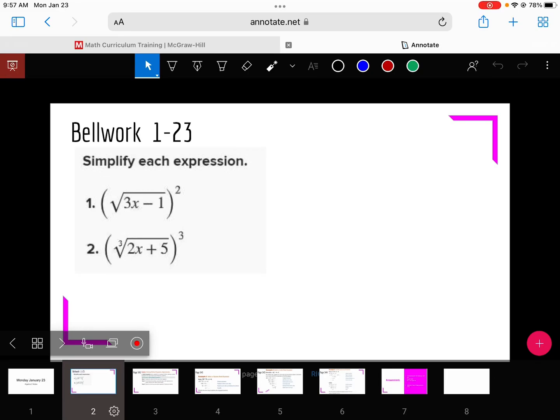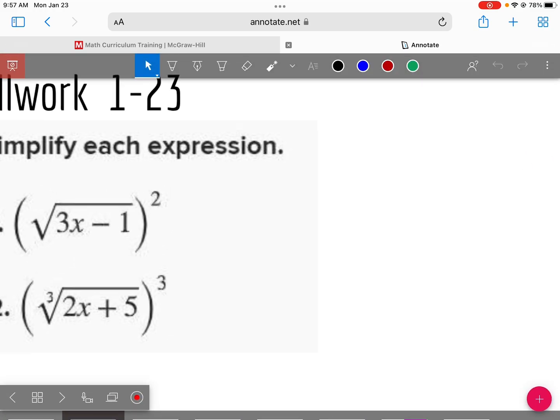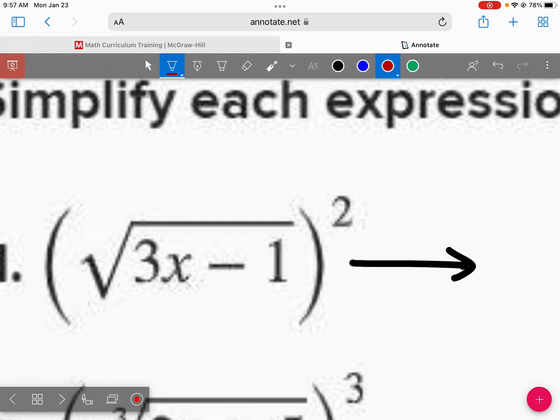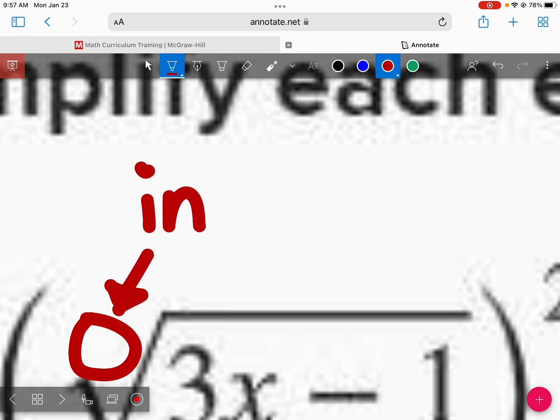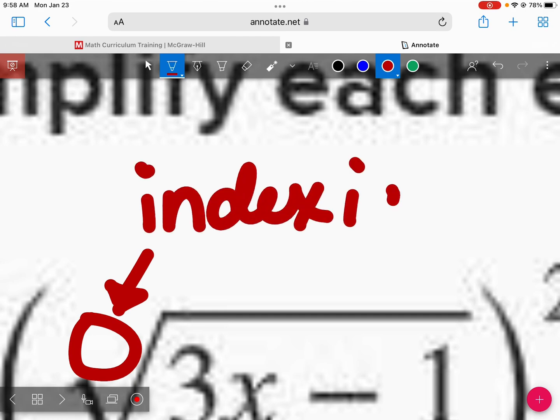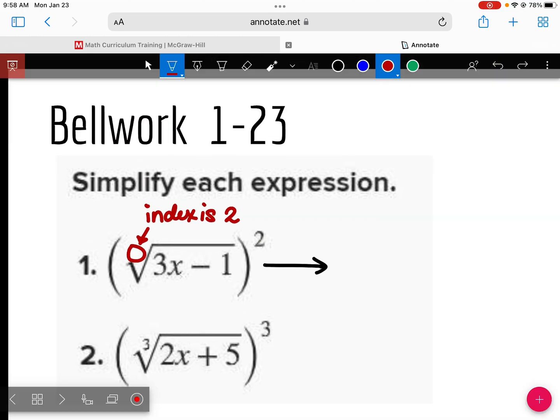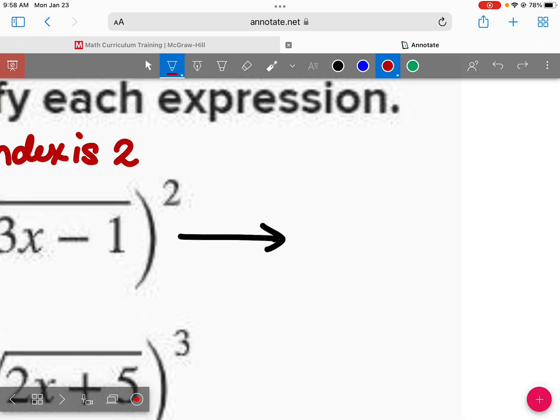So how can I rewrite the first one? Start off with, what's my index? 2. Index is 2. So I can rewrite this with a rational exponent.